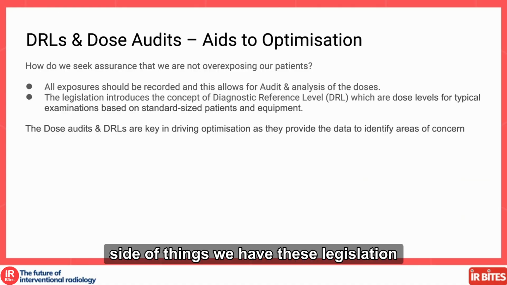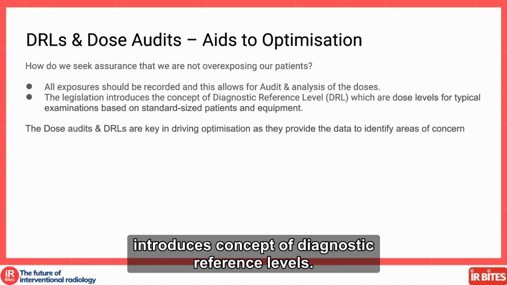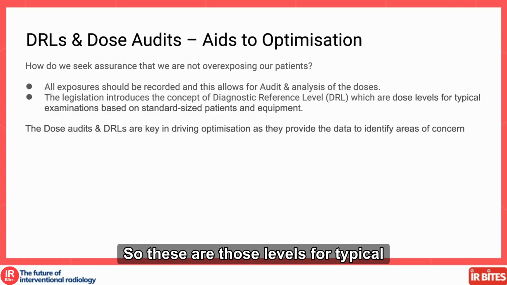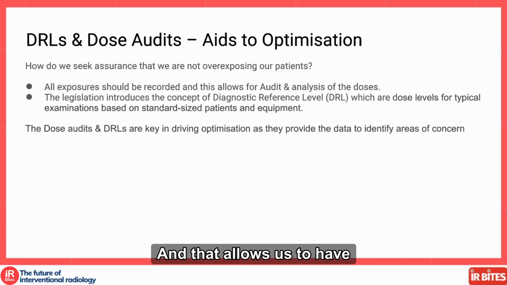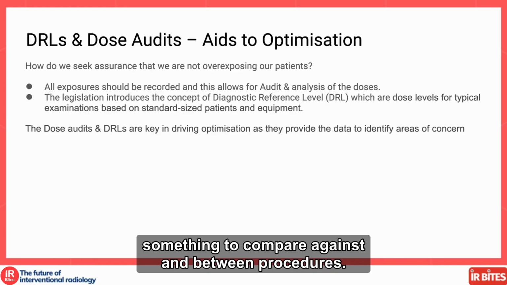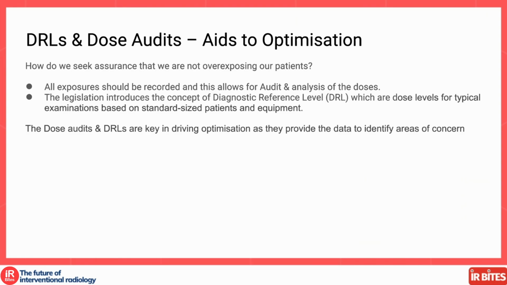For the comparison side of things, the legislation introduces this concept of diagnostic reference levels. So these are dose levels for typical examinations based on samples of patients and equipment, and that allows us to have something to compare against, and between procedures.